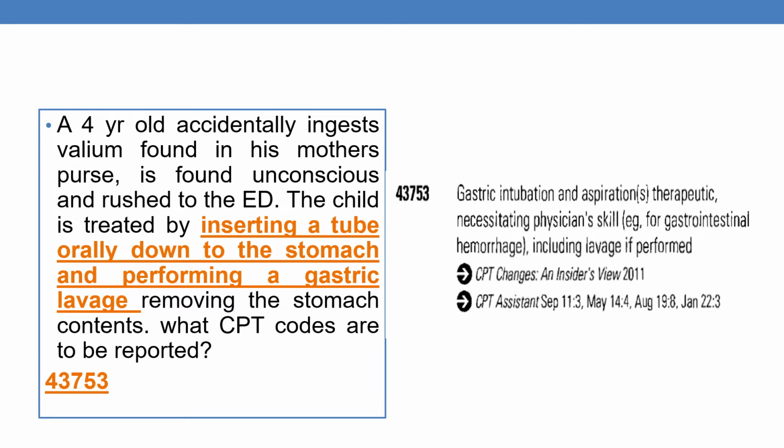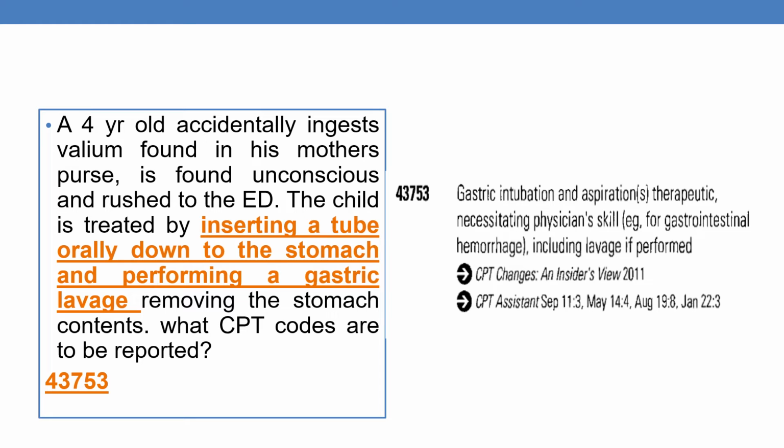Next example, a 4-year-old accidentally ingests Valium found in the mother's purse and is found unconscious and was rushed to emergency department, ED. The child is treated by inserting a tube orally down to the stomach and performing a gastric lavage, removing the stomach contents. Insertion of tube is nothing but intubation.